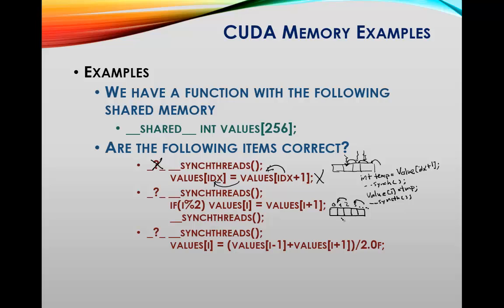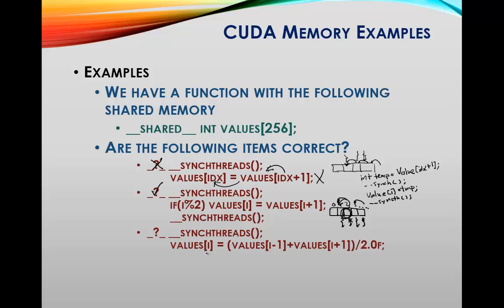So notice that this thread works, but this thread doesn't perform this operation. And then this thread works, this thread doesn't. Therefore, the contents that I'm reading are actually safe to read and write at the same time. So this operation works. I don't have to split it and inject additional sync threads there.